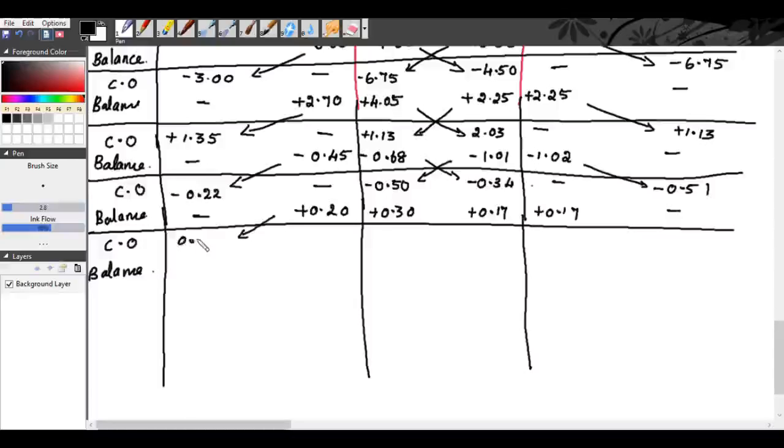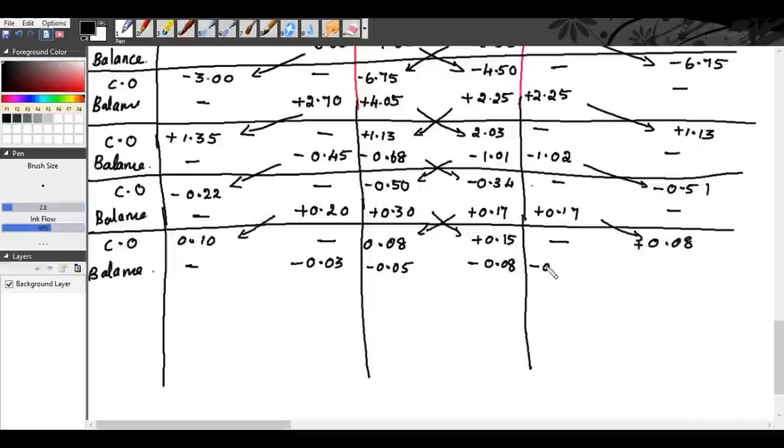So 0.10, 0.08, plus 0.15, 0.08. So balancing we get minus 0.03, minus 0.05, minus 0.08, minus 0.07.